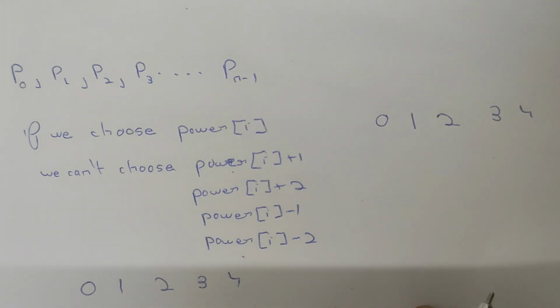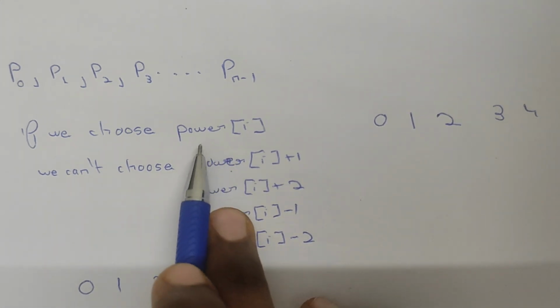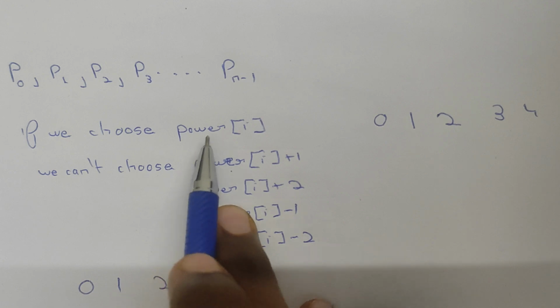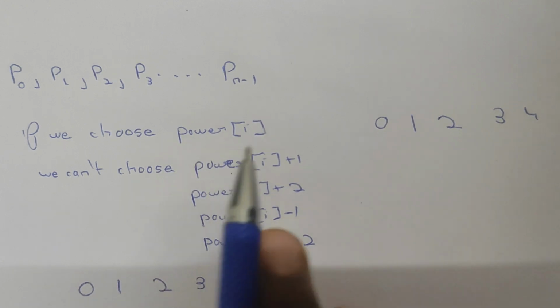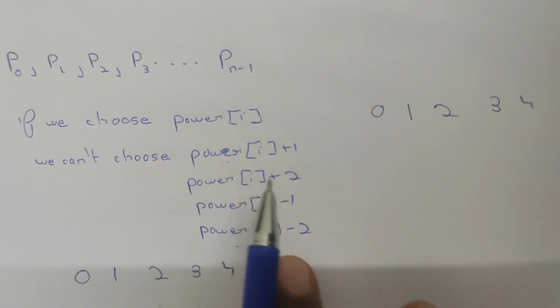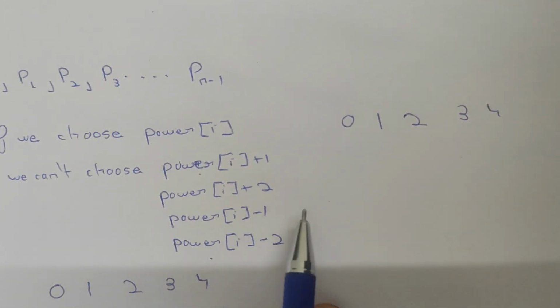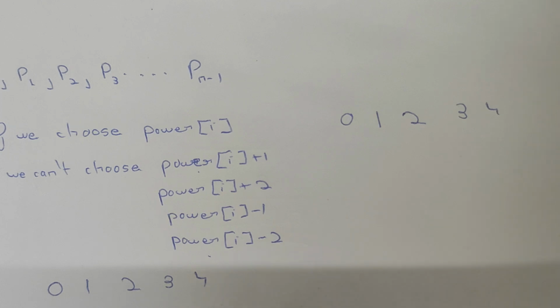So the condition is that if you take a power of I, we can't choose power of I plus 1, power of I plus 2, power of I minus 1, power of I minus 2.